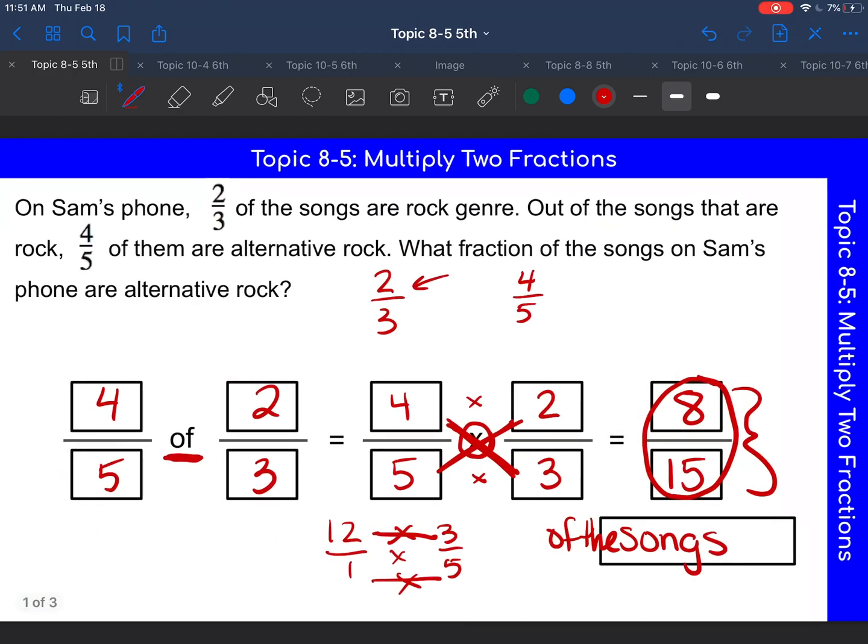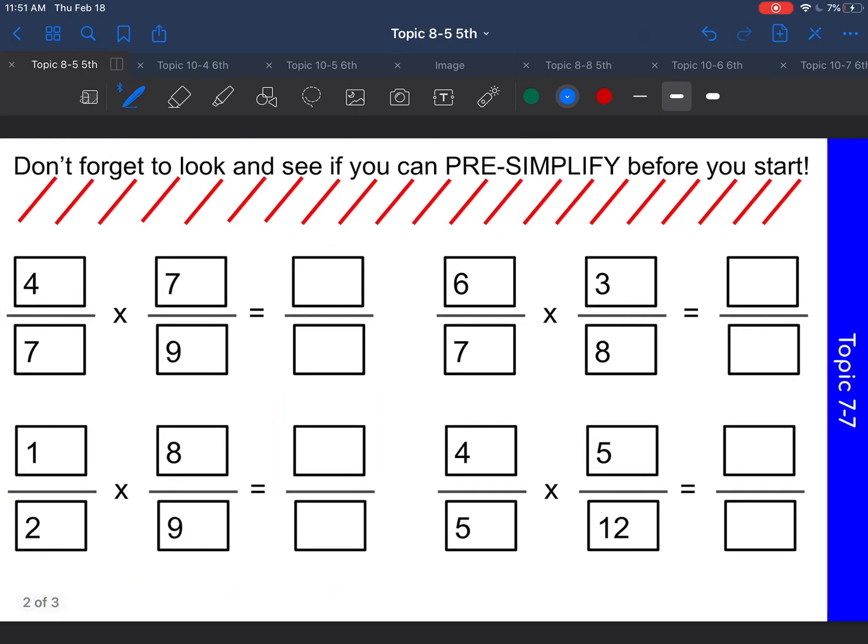When we were just multiplying a whole number times a fraction, it was only possible to ever pre-simplify in one direction, because the other direction you were always looking at a 1, and it's impossible to do anything else with that. Okay, well, when we're multiplying two fractions, you can look in both directions now.